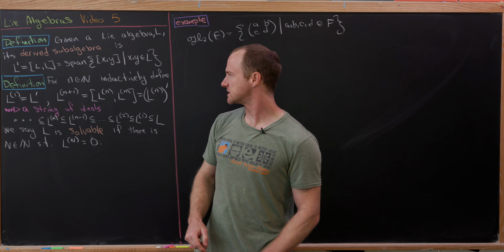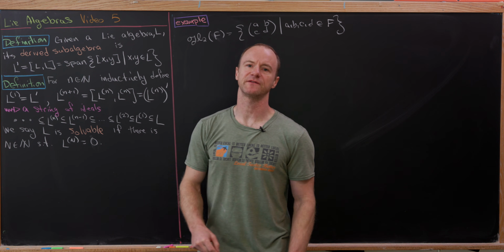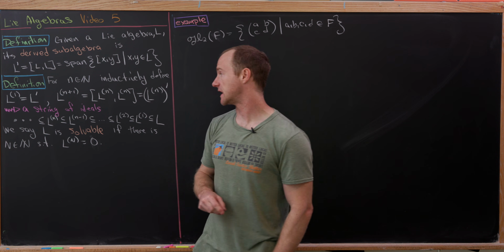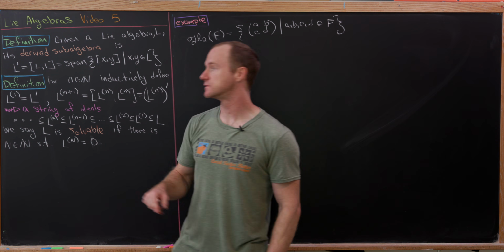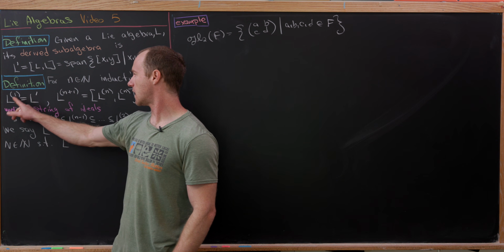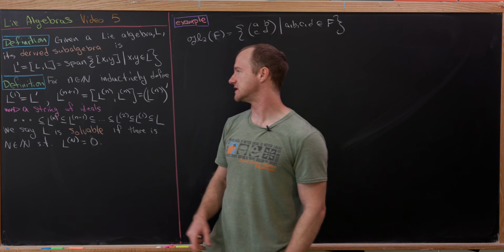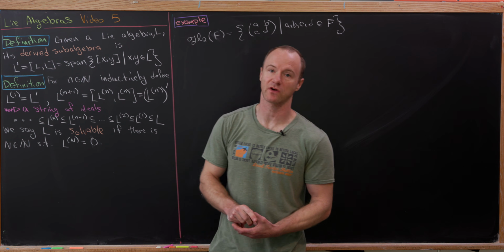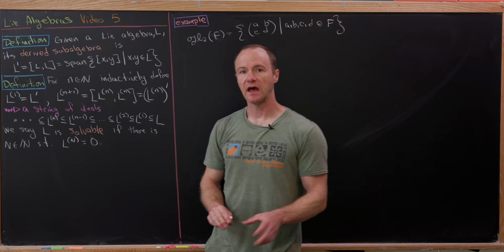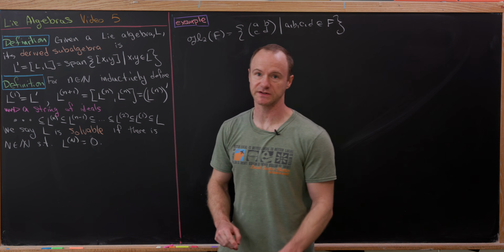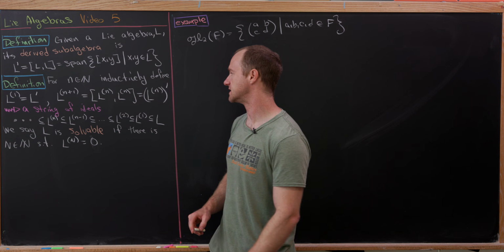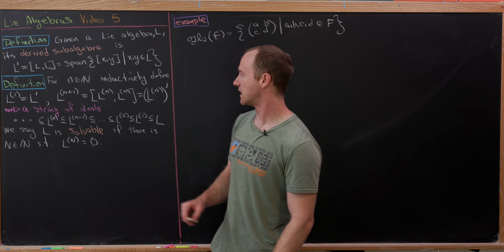For our next concept, we need to inductively define some ideals of the Lie algebra. And we'll do that as follows. So let's say that L upper 1 with parentheses is equal to L prime, the derived subalgebra. And then L upper n plus 1 with, again, parentheses is the bracket of Ln with itself.